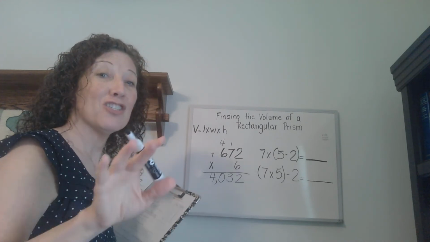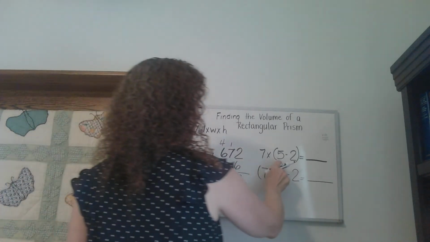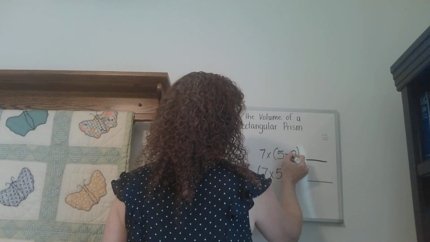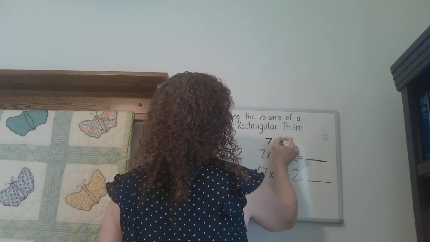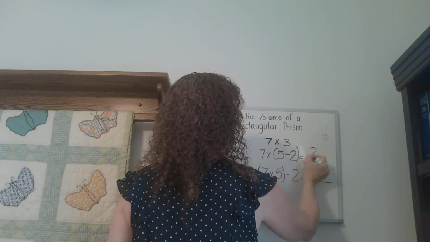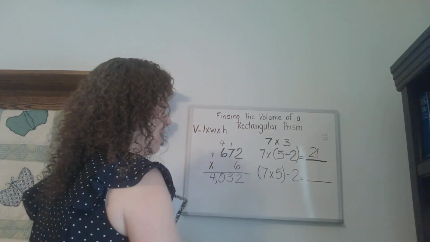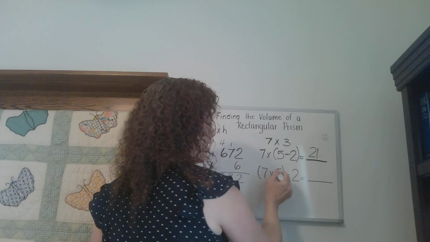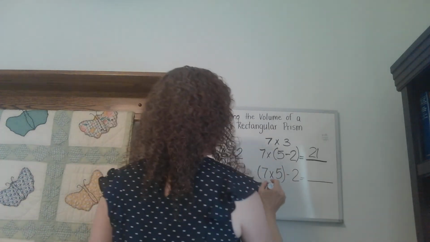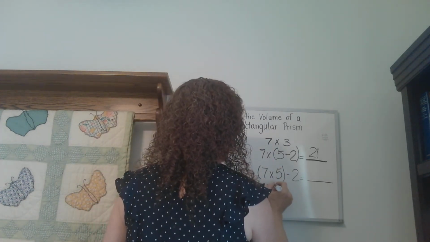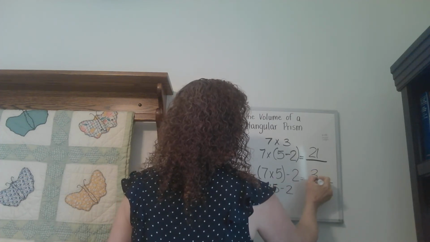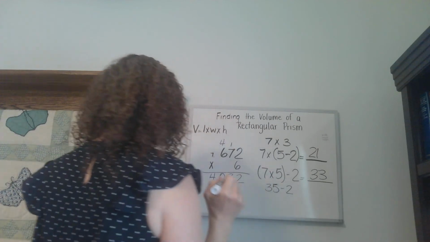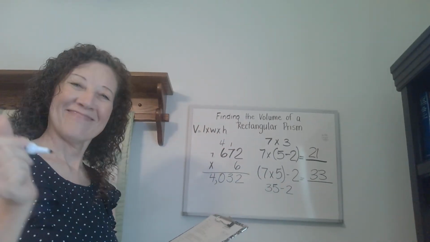Yes, good. That means you do that first. So we're going to say 5 minus 2 is 3. So that gives us 7 times 3, which is 21. Good job. And then on this one, we're going to say 7 times 5 first because that's the parentheses. That's going to be 35 minus 2. So the answer is 33. Did you get it? Good job.